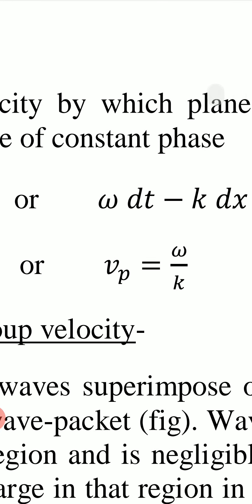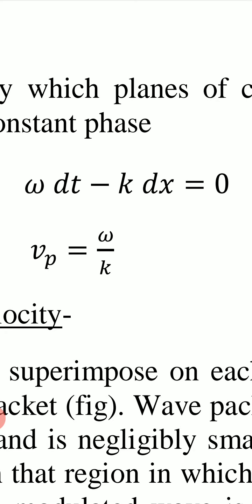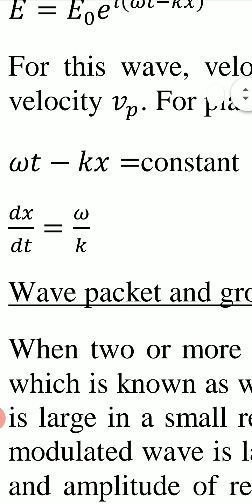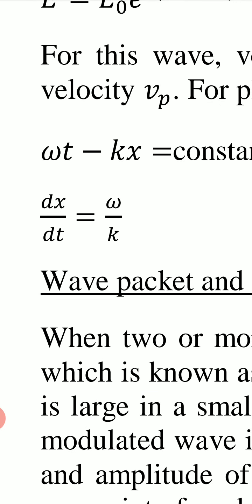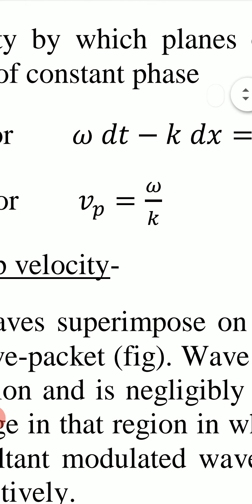By differentiating it, we get omega dt minus k dx equal to 0, or dx upon dt equal to omega upon k. And this is Vp, phase velocity. So phase velocity Vp is equal to omega upon k.